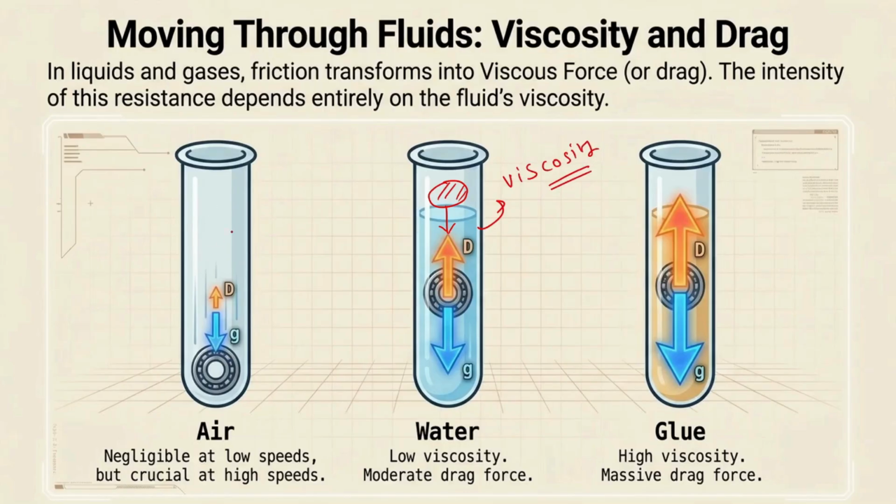But if you deal with air or some kind of gas, it is drag. They are doing the same thing: repelling the motion of the object. So if this particle is going through a liquid like water, glue, or kerosene, low viscosity means moderate drag force.